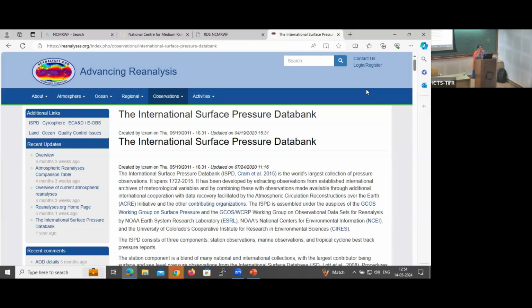We accumulated those errors and gave one specific error value accounting for all of them. For the MSU we gave 2 Kelvin for that particular channel. What we found is that the observation minus background and observation minus analysis differences are less than the observation error we have given. Similarly for ATOVS, because it is the advanced instrument and we want to assimilate more data, we inflated the error from 2 Kelvin to 4 Kelvin, so that more good quality observations can go into the assimilation.